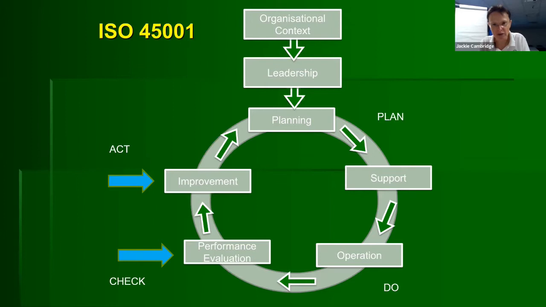Now, this little diagram, which I've drawn, if you had ISO 14001, which is an environmental management system, if you had 9001, they all now use the same headings. But under each of those headings, obviously 45001 is all about health and safety, 14001 is all about the environment.